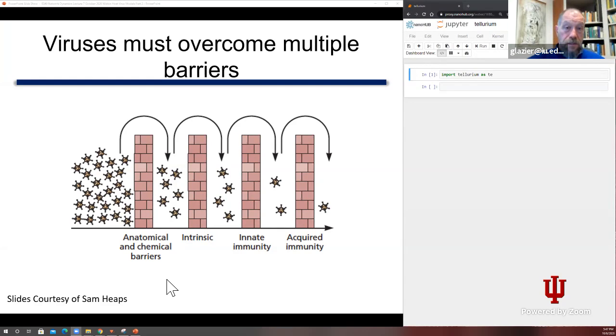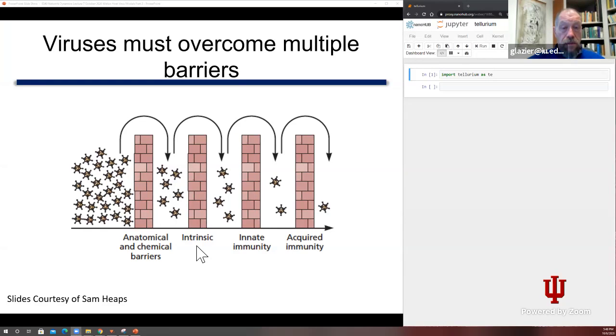And depending on the particular tissue, whether it's oral, nasal, skin, eye, GI tract, lungs, rectal, urinary, they're different issues. They're all places of viral entry of one sort or another. Then there's what's listed here as intrinsic immunity, which are non-cellular responses.